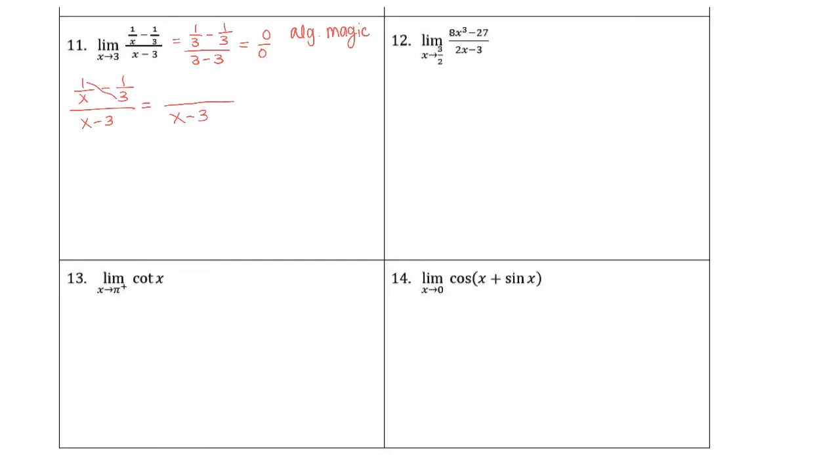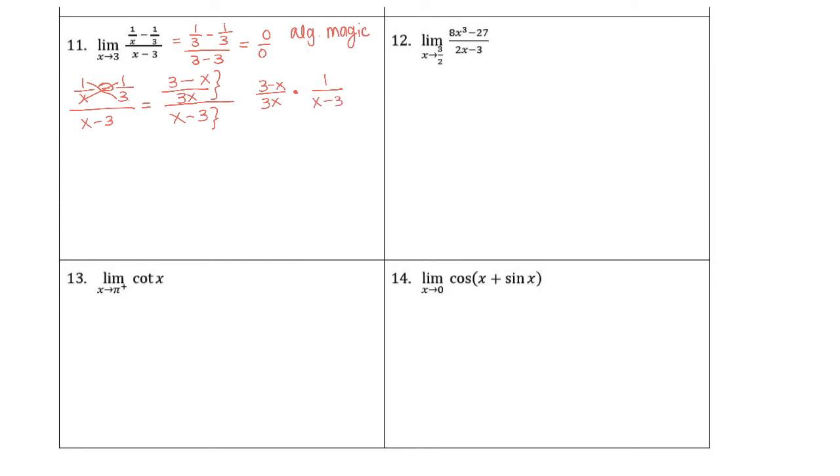And so I'm going to have 3 minus, because that's the sign between them, x over this product, x times 3, or 3x. Now I'm ready to go ahead and do my keep, change, flip. Here's my top fraction. Here's my bottom fraction. So I'm going to keep the top. I'm going to change to multiplication, and I'm going to flip the bottom.